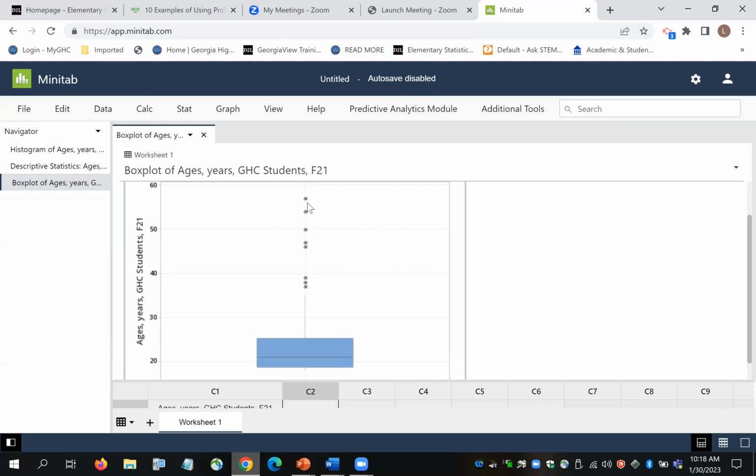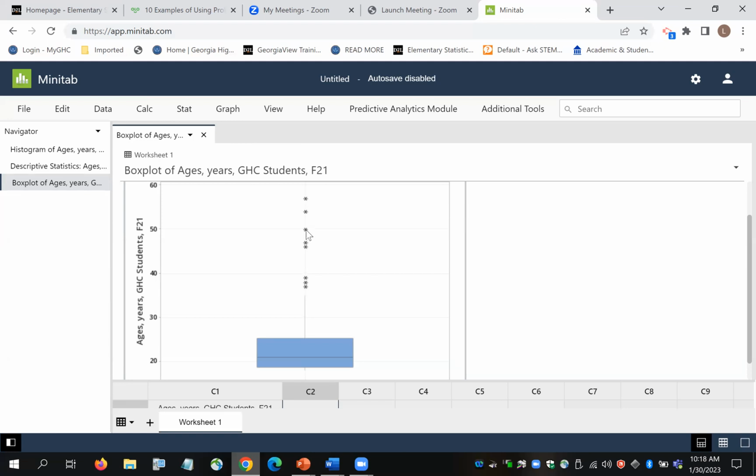In Minitab, any value that is an outlier is represented by an asterisk or a star. And it will even identify those for you if you hover your mouse over it.